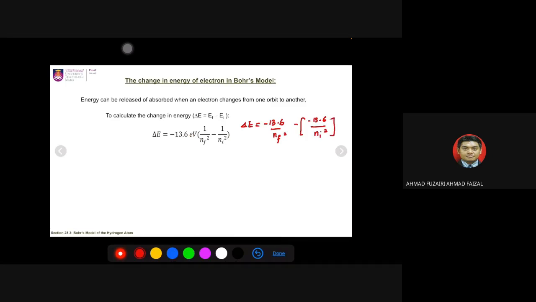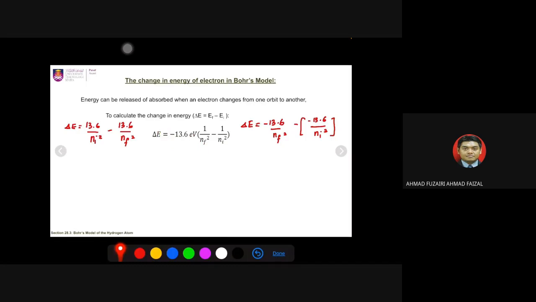Okay, you might also find a different formula, slightly different, but actually it is the same. Some of the books may write this equation like this: 13.6 over n initial square minus 13.6 over n final square. So note that this equation is actually equivalent to this equation.